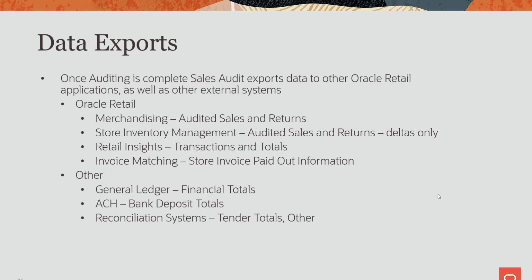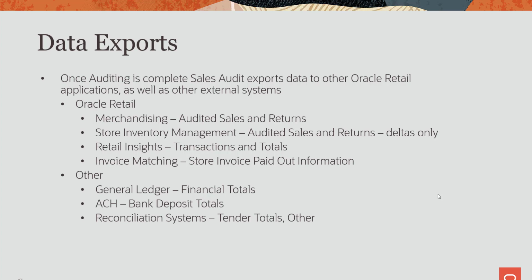Retail Insights receives both transactional details for sales, returns, paid-ins, paid-outs, voids, etc., as well as store and cashier totals for reporting and analysis. Oracle Retail Invoice Matching is provided invoice details for direct store delivery POs, where the invoices are paid out to the vendor directly from the store.